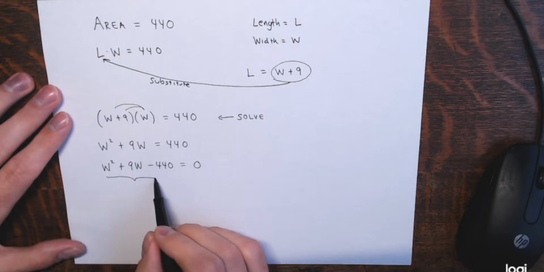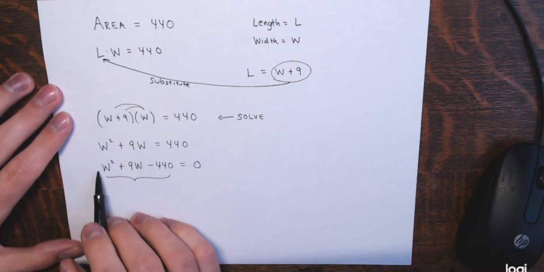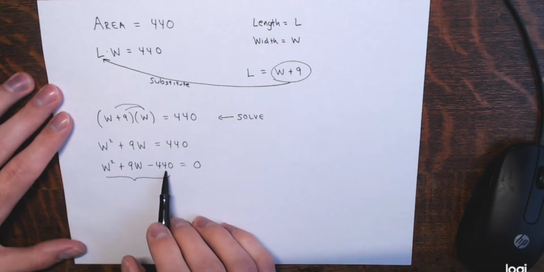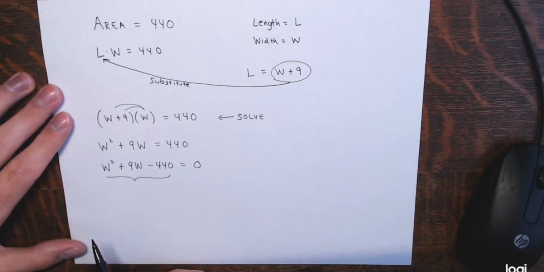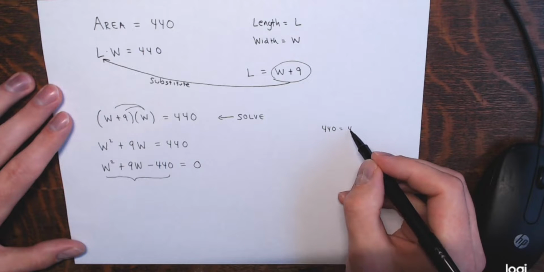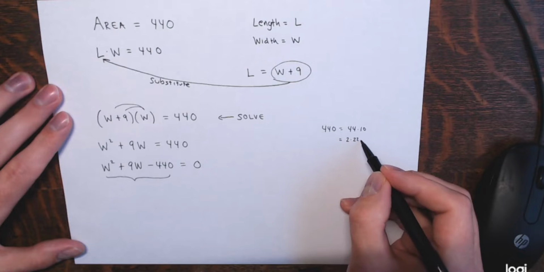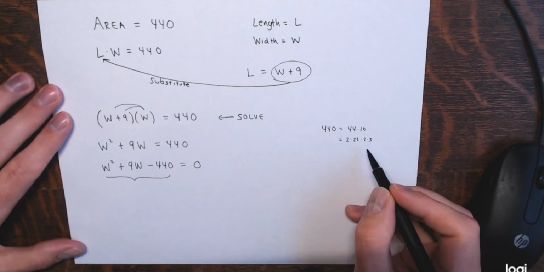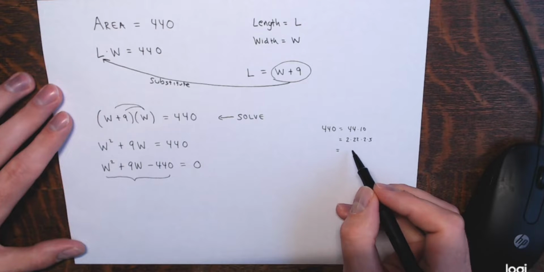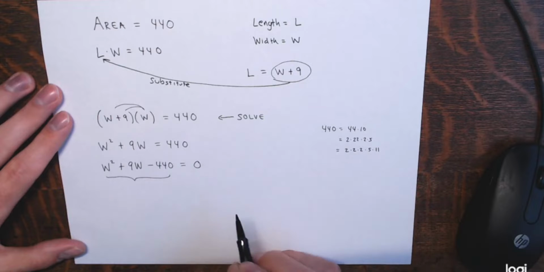Once again, it's a nice quadratic where the lead coefficient is 1. So I just need to find factors of negative 440 whose sum is positive 9. Now 440 is 44 times 10, which is 2 times 22 times 2 times 5. So 2 times 2 times 2 times 5 times 11, if you broke it down to complete primes.